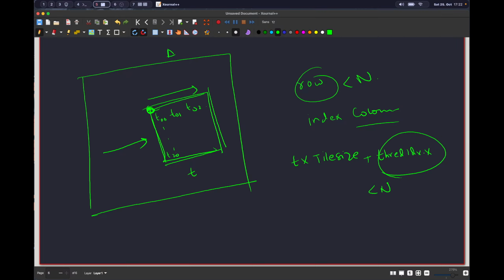We need to check if this column is less than n, because as we saw earlier, the tile can go outside the boundary of A as well, right? And when it goes outside the boundary of A, we need to make sure we are not storing these elements or doing anything. We can just make them 0.